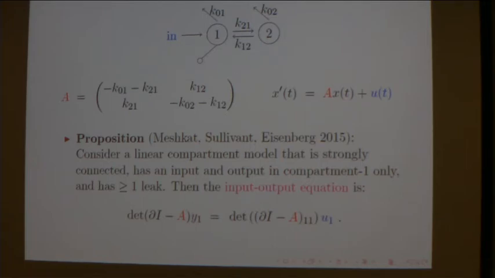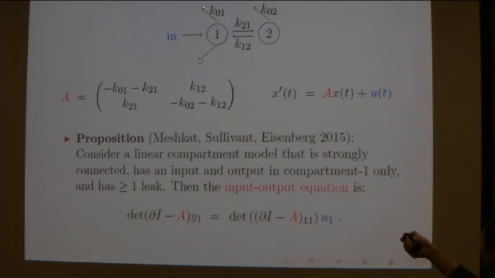I write the differential equations as regular linear ODEs. So I have some matrix A. This matrix is basically like the Laplacian matrix: on the off diagonal I would have K12 because I have this edge from 2 to 1. On the diagonal, if I had K21 here, I have a minus K21 here.